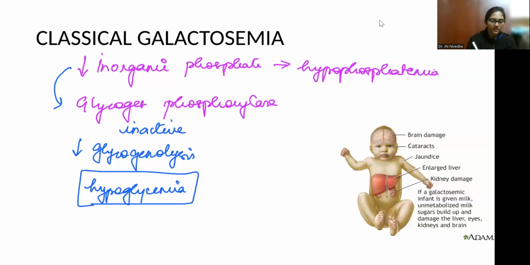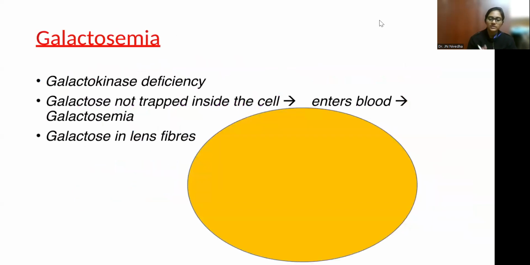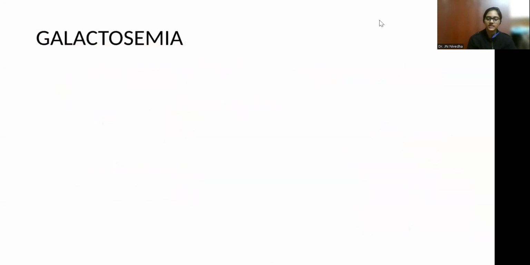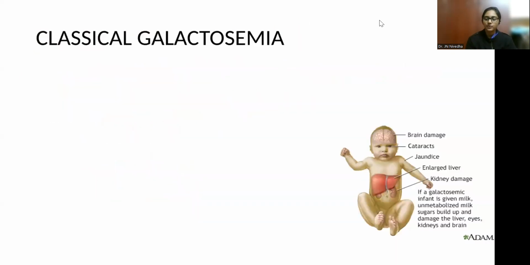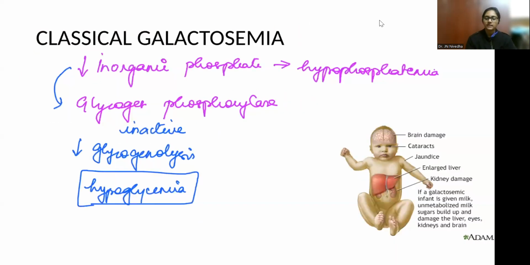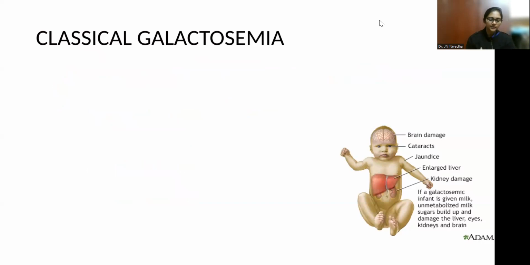Understood? So what are all the symptoms we have seen so far? We have seen galactosemia, cataract, hypophosphatemia and hypoglycemia. Next, inside the cells which are undergoing this galactose metabolism, the phosphate will be trapped as galactose 1-phosphate, so there is hypophosphatemia.